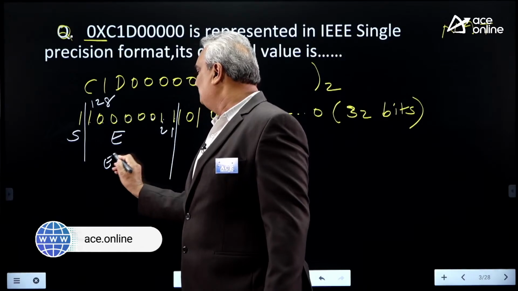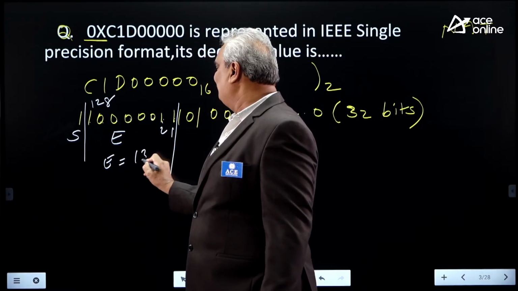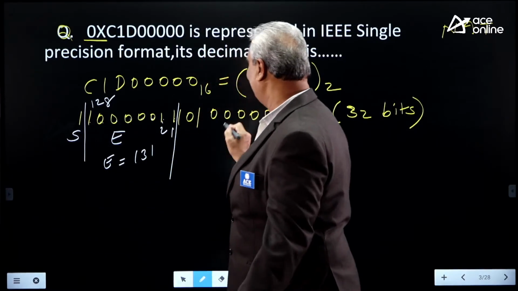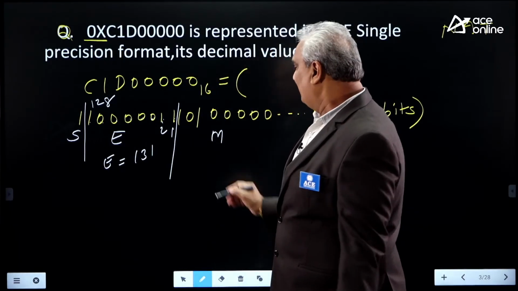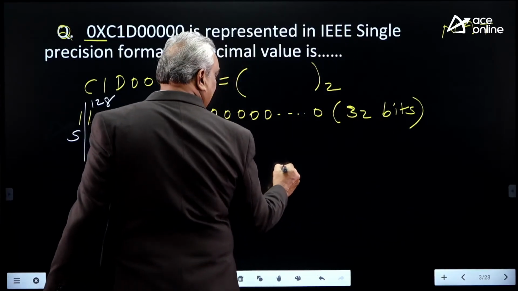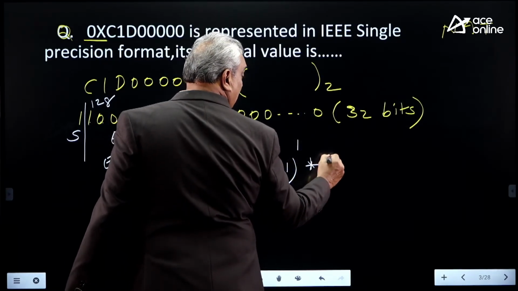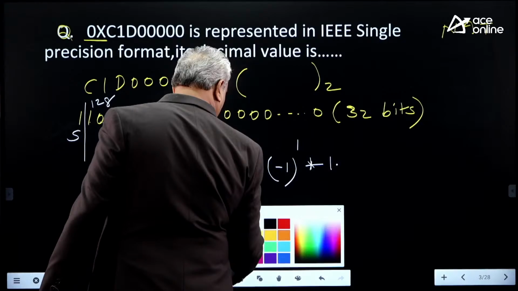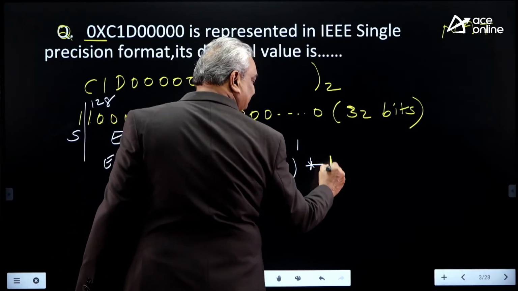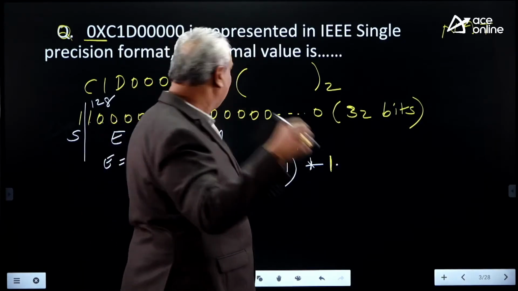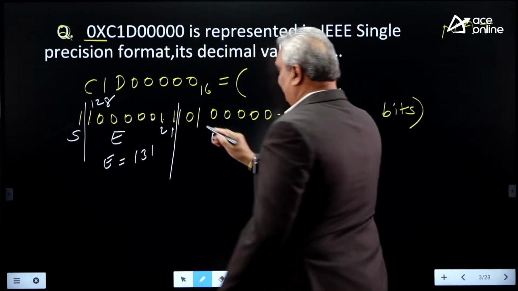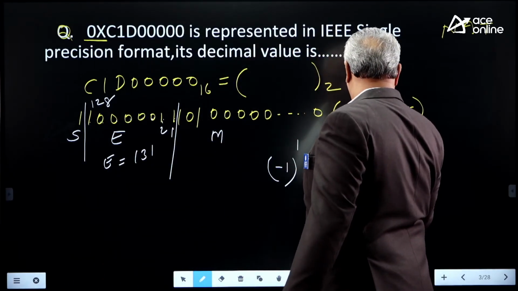So the capital E value is 131. Next is M. The expression value is minus 1 whole power S into 1 point, where this is the hidden bit, and next M is 1010.